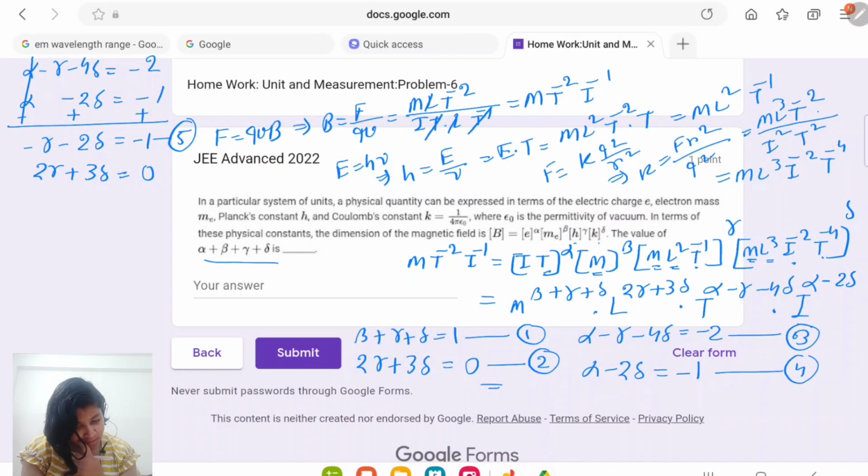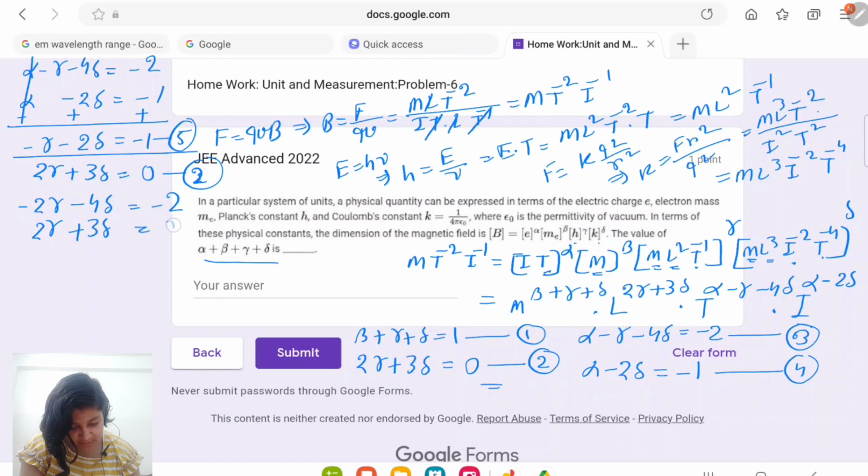What we can do is multiply equation 5 by 2. So we get minus 2 gamma minus 4 delta is equal to minus 2. And this is our equation 2: 2 gamma plus 3 delta is equal to 0. We can add these two to get minus delta is equal to minus 2, or delta is equal to 2. So our value of delta is 2.